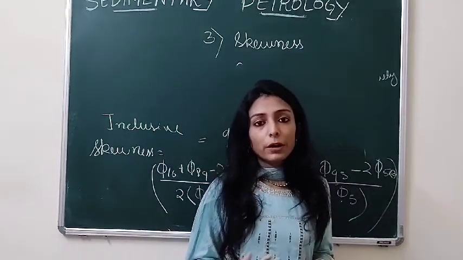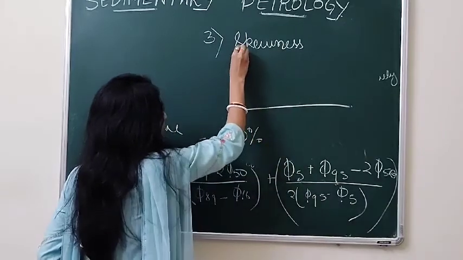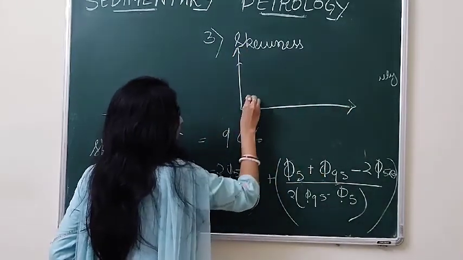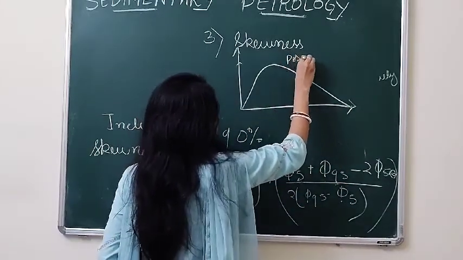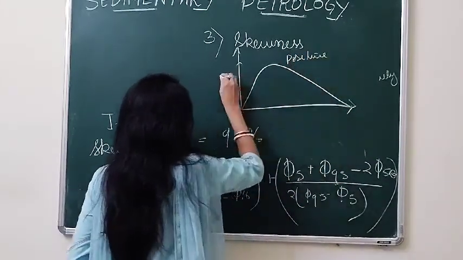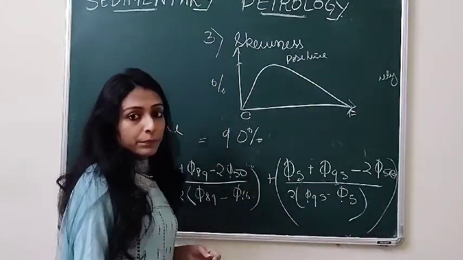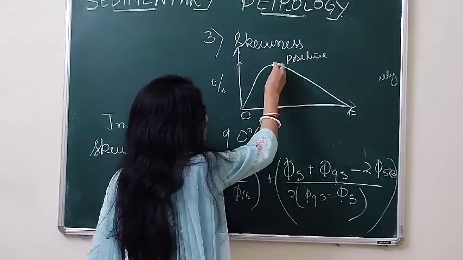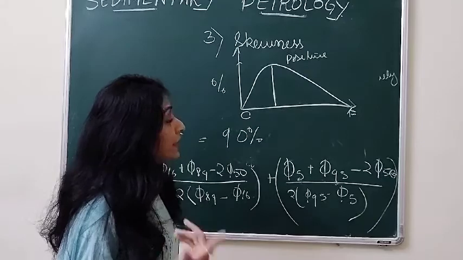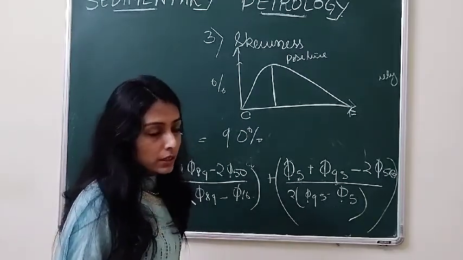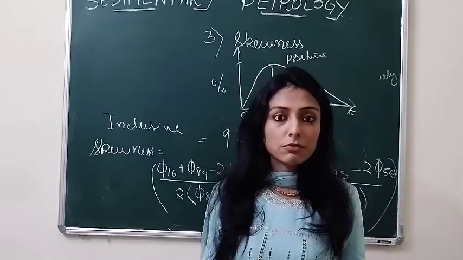Okay, now one more point is, for example, a graph population is positively skewed. Okay, this is positively skewed, this is coarse, this is fine. What does it mean? So the mode will obviously be at its highest point. Okay, followed by the median. So where will the median be? The median is the point where 50% is coarse and 50% is fine.